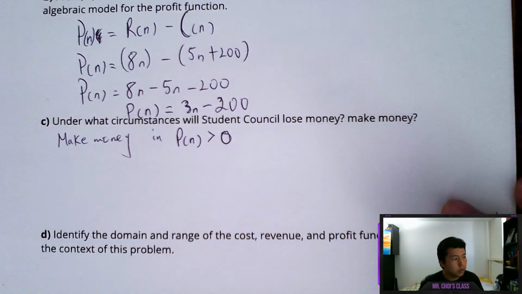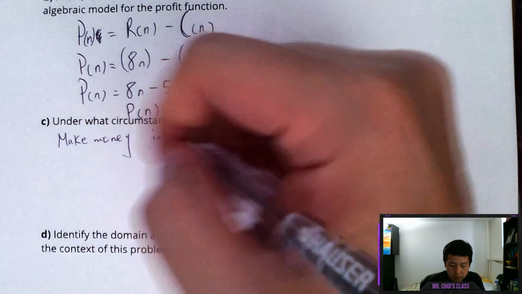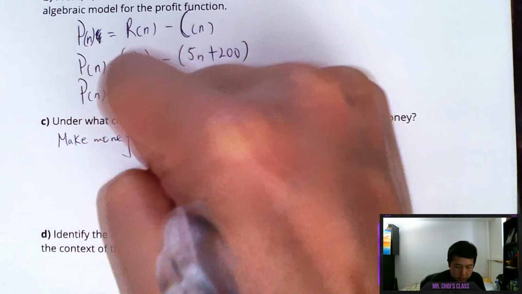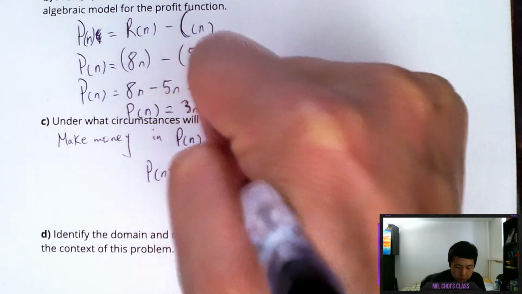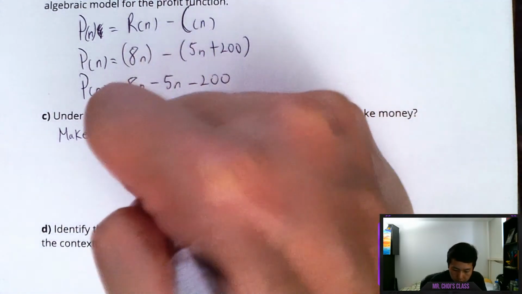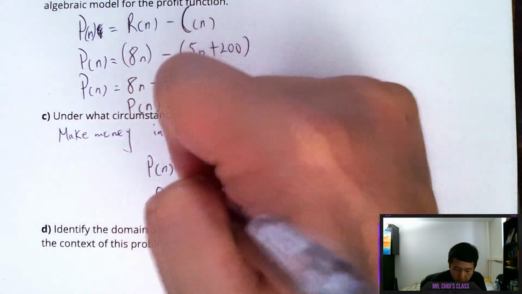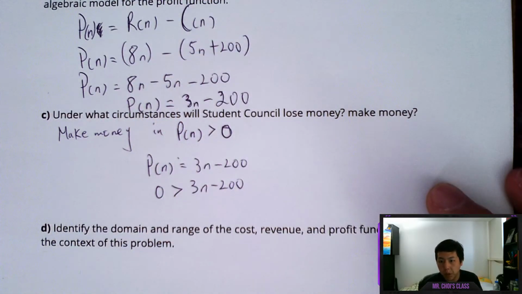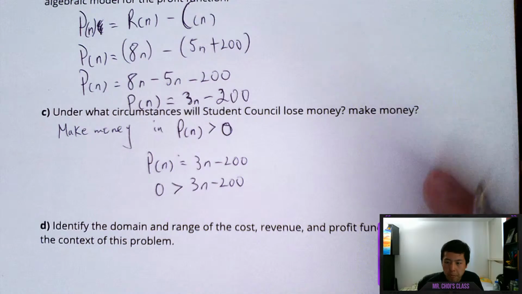So what we can do is we can say that if P of n is equal to 3n minus 200, then 0 greater than 3n minus 200 must be profit, making money.